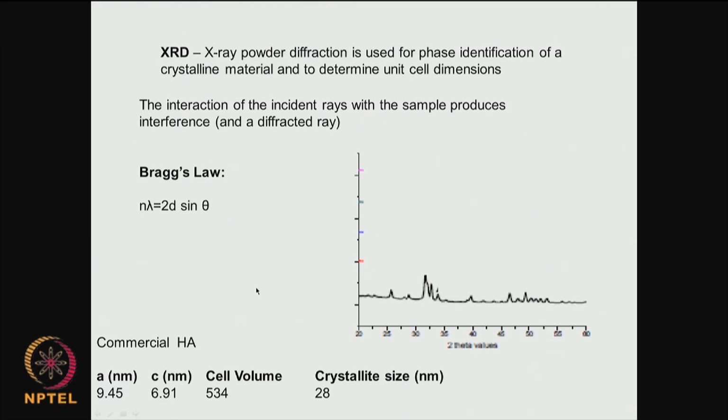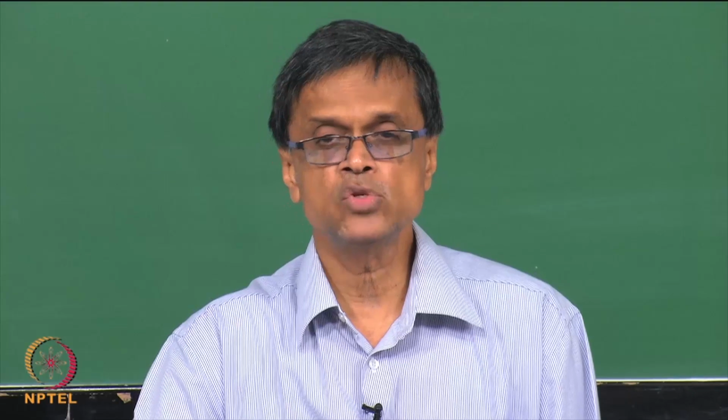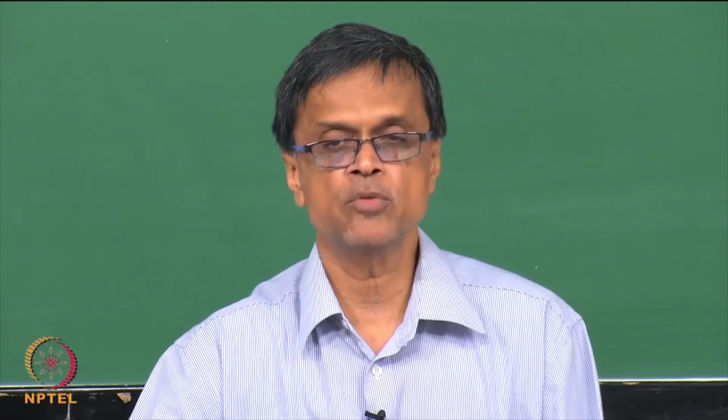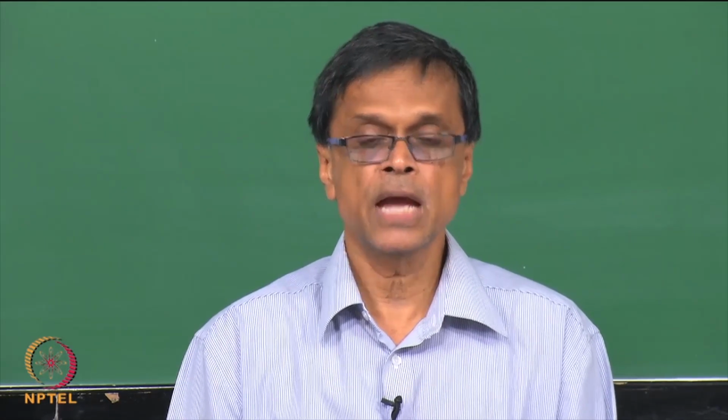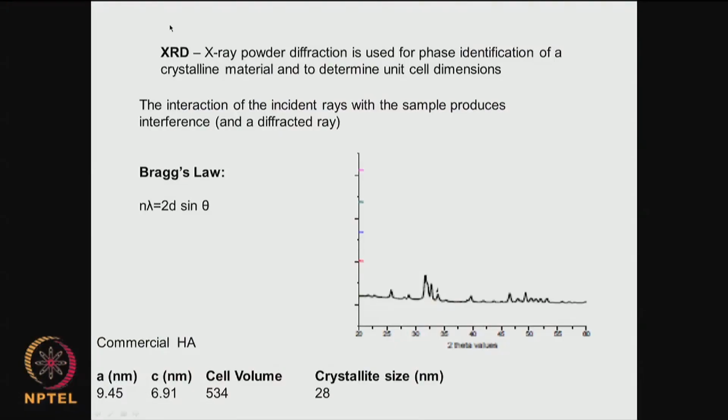X-ray is very useful, and we call it powder diffraction because we take a powder. X-ray is nowadays used quite a lot for protein structure determination. Let us call it the X-ray diffractometer. If you want to know the protein structure, the locations of the various atoms, it is a very powerful tool.